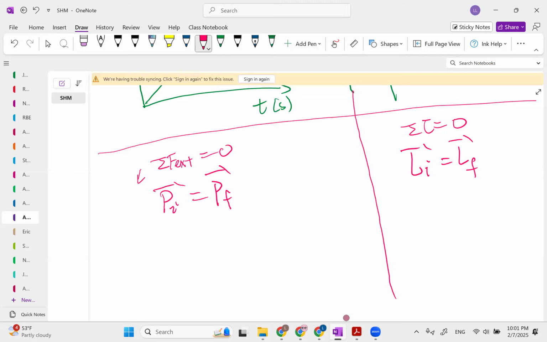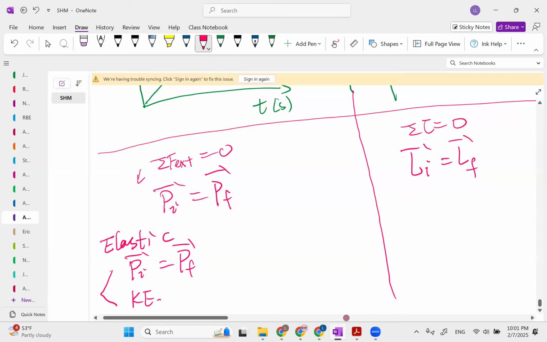Two: elastic and inelastic. What kind of condition is elastic? Both momentum and kinetic energy are conserved.